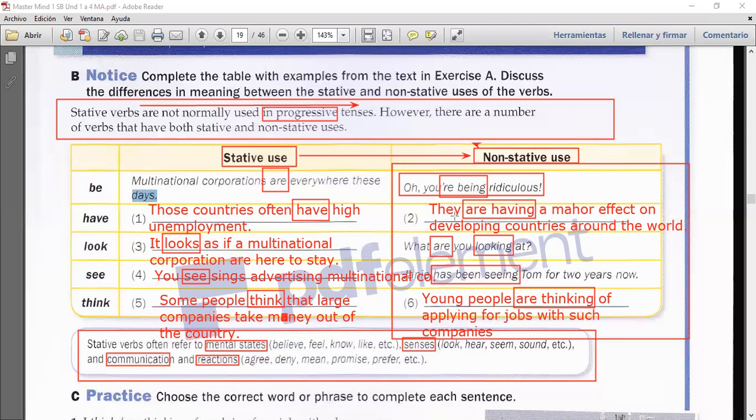Another example we can say: I'm having a good time. Do you remember? There are some phrases with have.